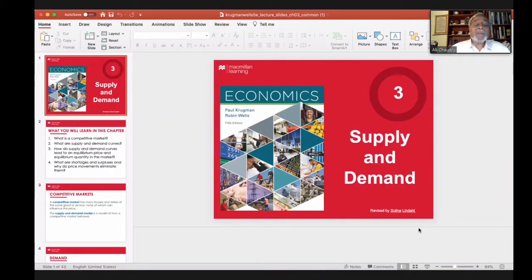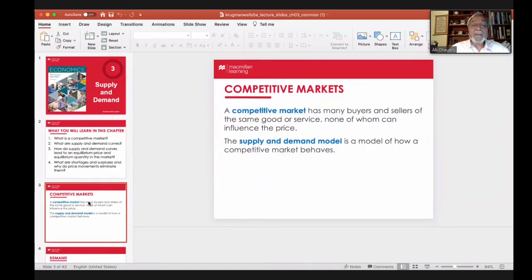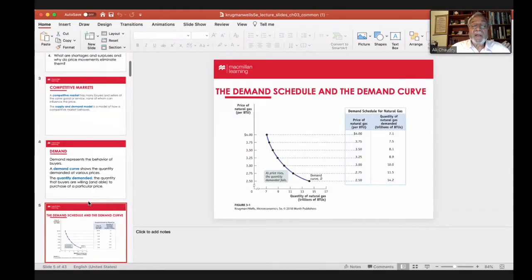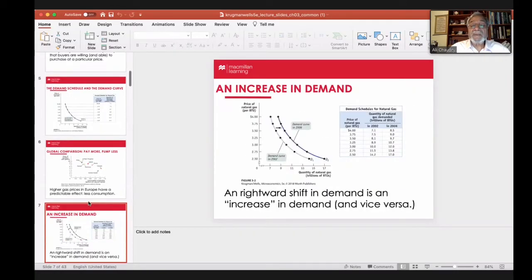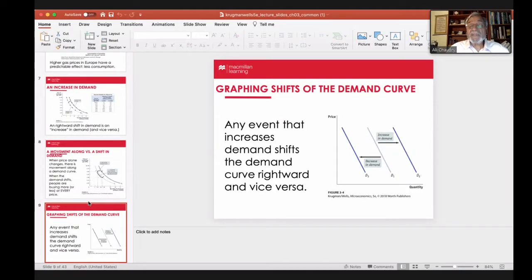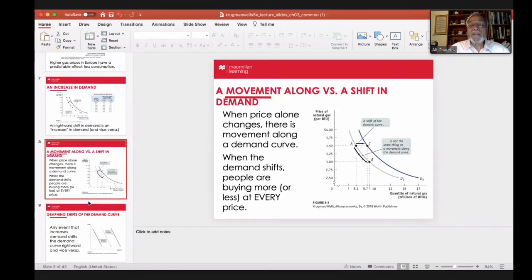I'm just going to go to some of the key slides in this one. Competitive market, right? We've already talked about the definition of a competitive market. What is a demand curve? Quantity demanded versus the shift in the demand curve with the demand schedule. That's easy. We're not going to worry about that. We make a distinction between a movement and a shift.